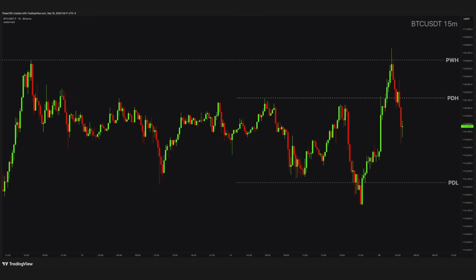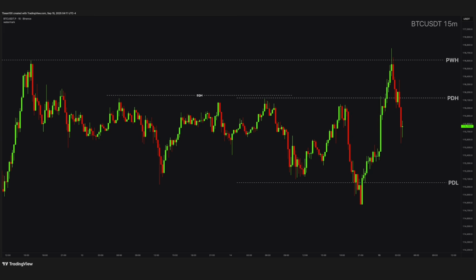Today, let's talk about how to read price action in detail by looking closely at the market structure and explore different ways of understanding how the price moves. As you can see in this Bitcoin chart, the price first hunted the PDL, or the previous day low, before quickly rallying back above to take out the PDH, which is the previous day high, along with the previous week's high level.